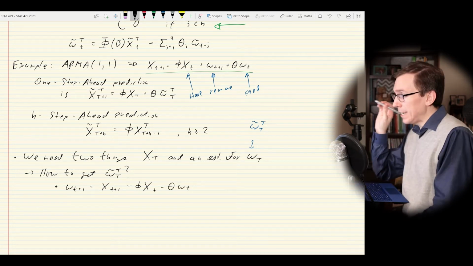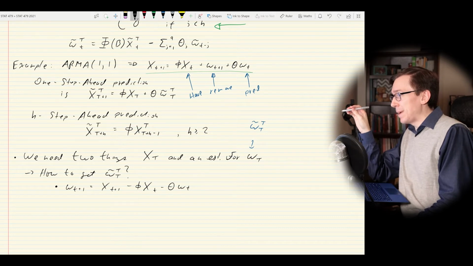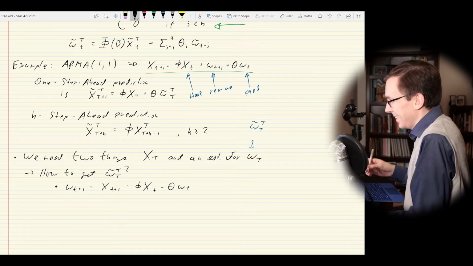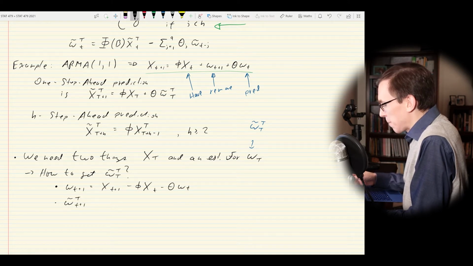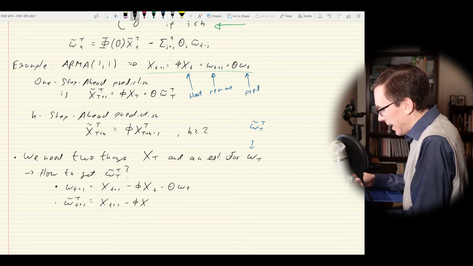Now, if we take the conditional expected value of this, what we end up with is the idea that w tilde t+1 is equal to x t+1 minus phi xt minus theta w tilde t|t.